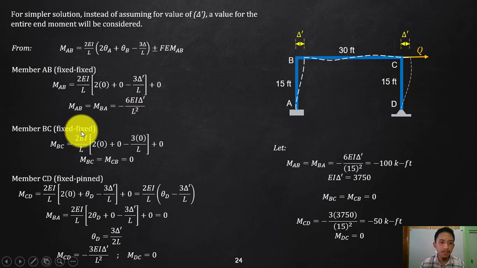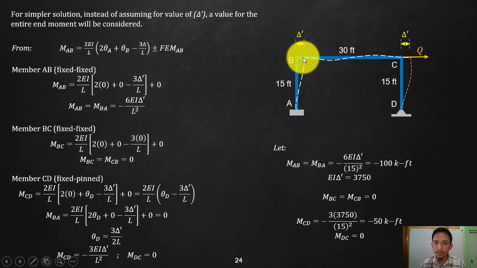Now for member BC, even if that is fixed, because this is continuous, the thetas are fixed at 0, 0, and at the same time your delta is 0 since there is no delta for member BC. That delta is only for BA. This delta here is only for CD. Again, delta is deflection with respect to the other points.